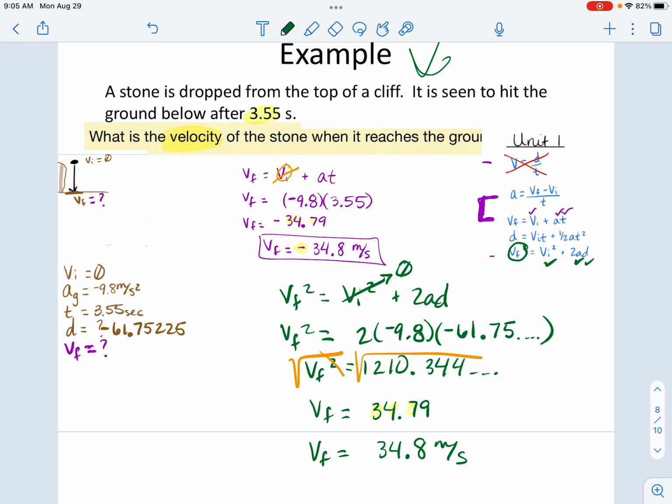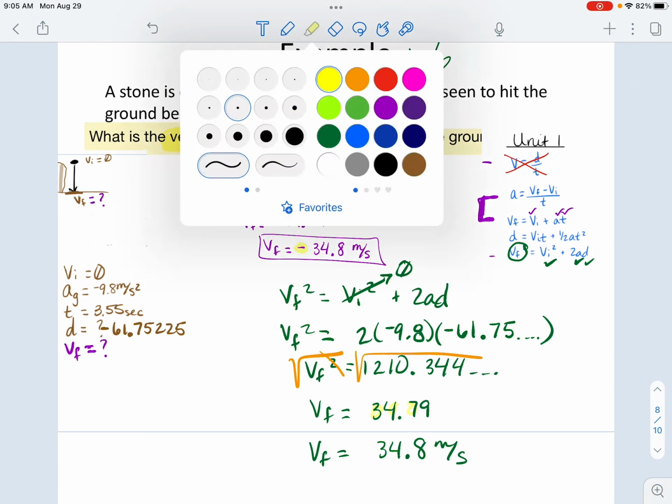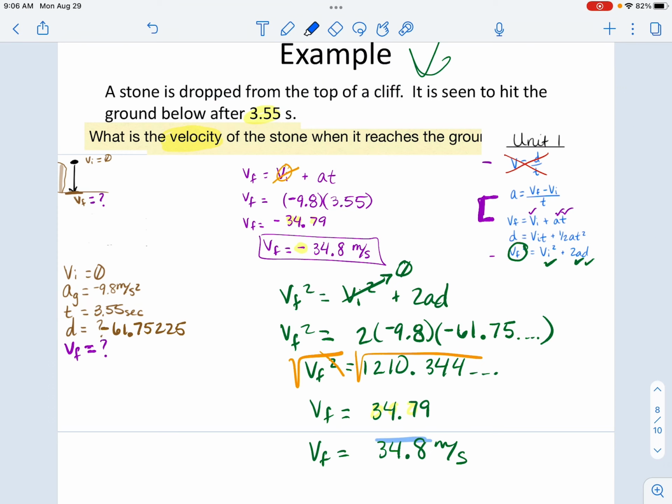The first thing I want to point out is that we did indeed calculate the same magnitude here. If I look at my answer, 34.8 meters per second is what we said the speed of my object was. So there we got the same number. Very good. It should work out that way. Like 99% of the time, it'll calculate exactly the same, even if I used either of those equations.